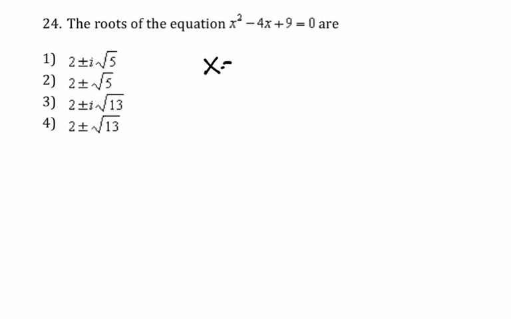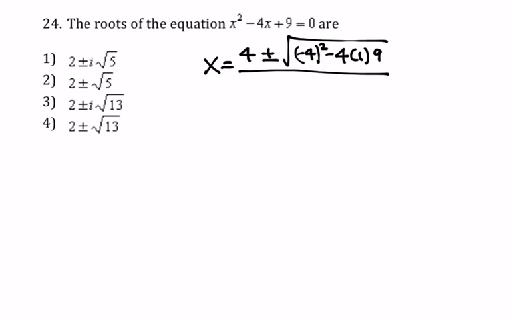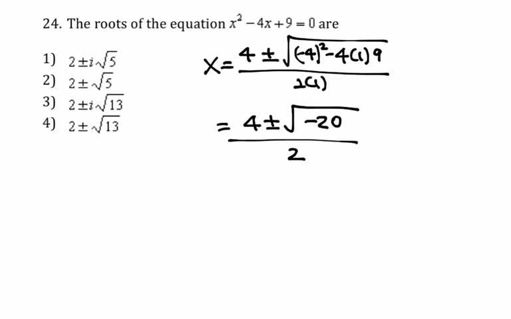Number 24 is the same as well. Negative b, that means 4, plus or minus the square root of negative 4 squared, minus 4, where a is equal to 1, and c is equal to 9. And then divide the entire thing by 2a, which is 2. Now once you simplify, we get 4 plus or minus the square root of negative 20, divided by 2.